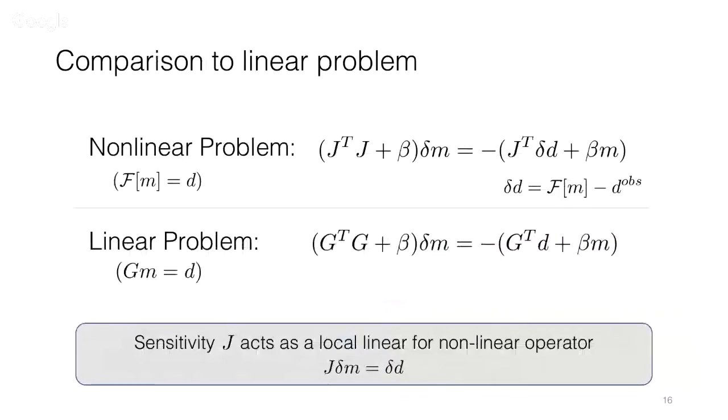So just to flesh that out, when we did the linear problem this morning, we had Gm equal to d. That gave us a G transpose G plus beta system that is equal to this. Now we're going to do the nonlinear problem. So in this case, for the perturbation, we have J transpose J equal to this together.